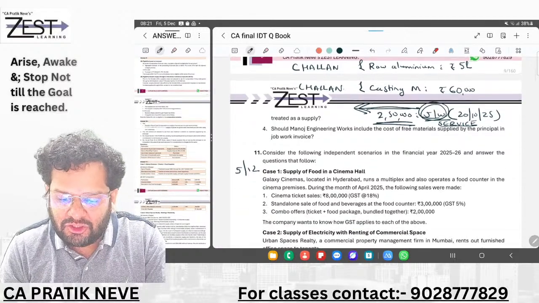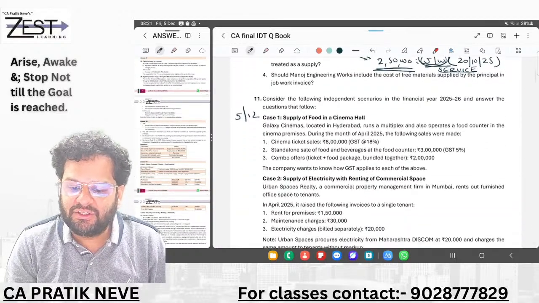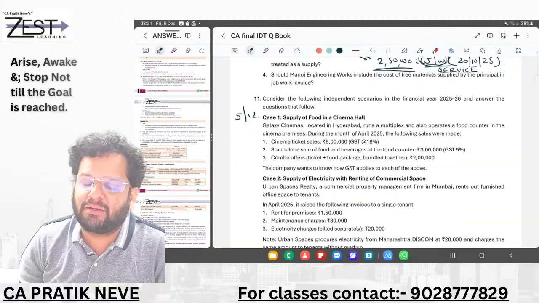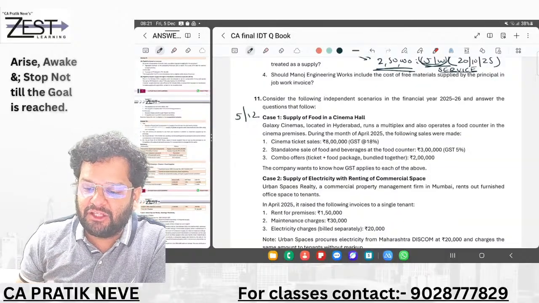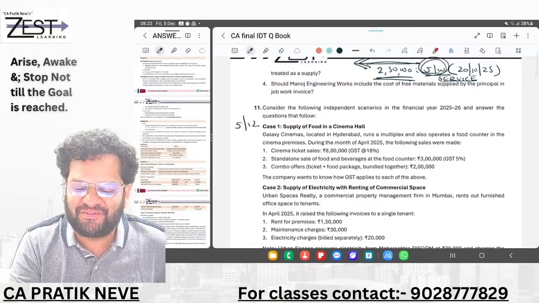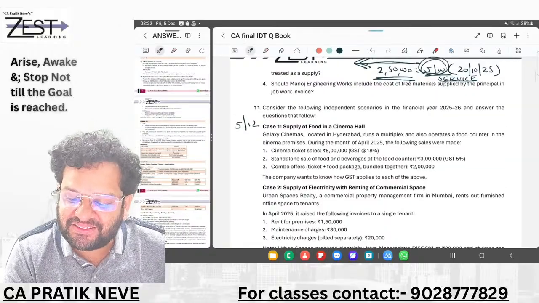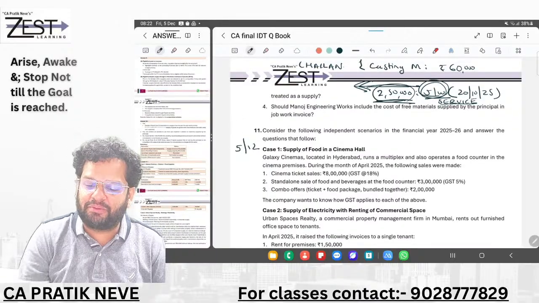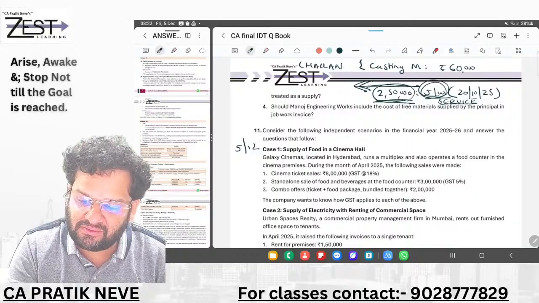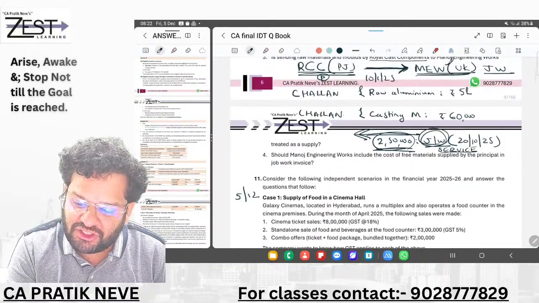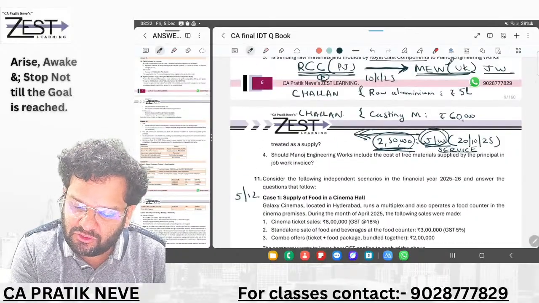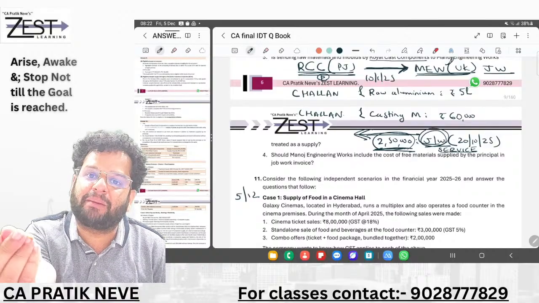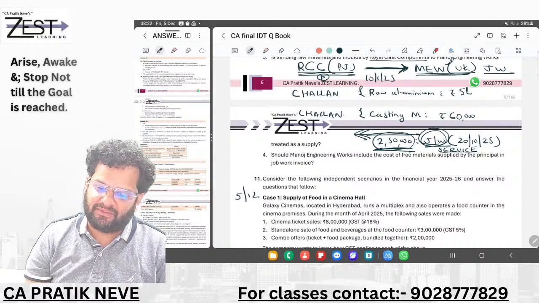And lastly, should Manoj Engineering Works include the cost of free materials supplied by the principal in the job work invoice? Okay, the answer is no, because already 2,50,000 rupees is charged, which is the consideration for supply of that job work service.